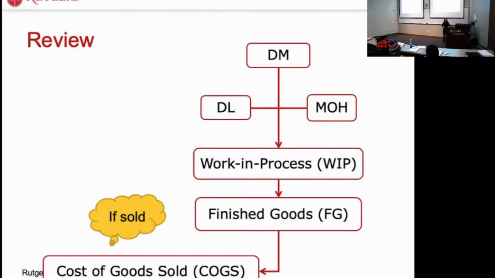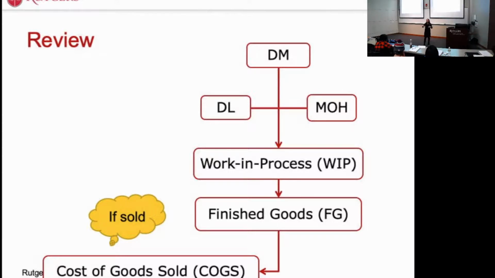At the very end of last class, I introduced how we calculate the cost of goods sold for a manufacturing firm, right? This flow chart is showing the cost flow within a manufacturing firm. Basically, we need to have direct material as input in the manufacturing process, and then we add the labor and some overheads to convert the raw materials into products, right?